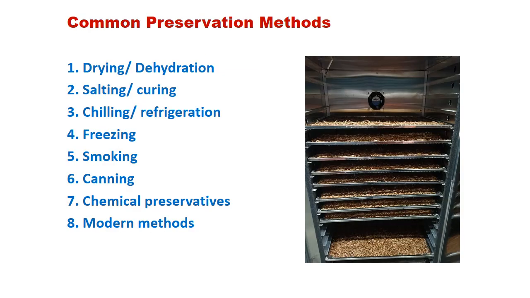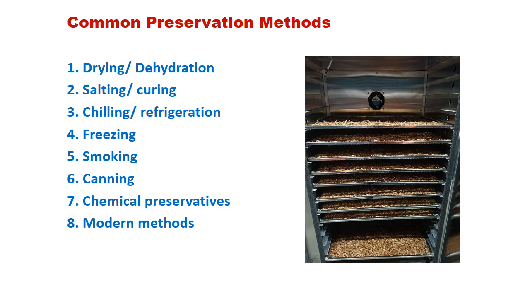Before we go to the details about the preservation by drying, let us understand the different common methods of preservation suitable for fish. In the previous lecture, we discussed the principles behind different methods of preservation like moisture control, temperature control, physical control, chemical control, and other miscellaneous aspects.